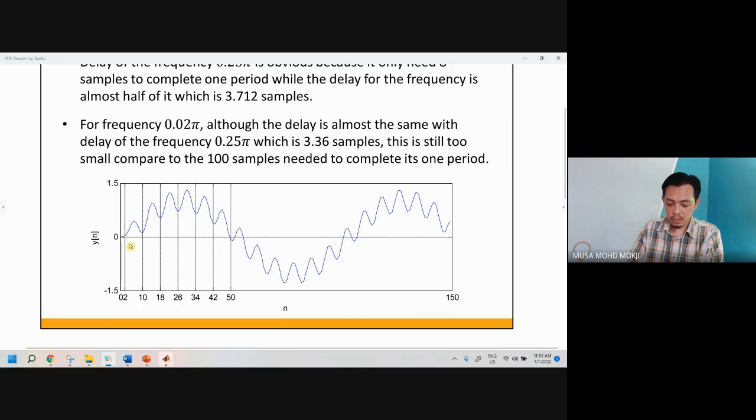It's supposed to be here, but it is somewhere over here. The lower frequency and the higher frequency are delayed by different numbers of samples. It is still a sinusoidal signal, but the positive peak and the negative peak have changed, so it becomes a different signal. We don't want this, right?